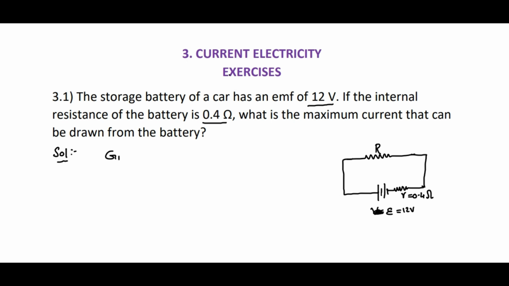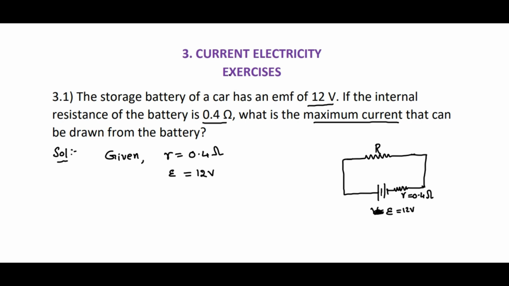So the given values here: internal resistance 0.4 ohm, EMF of the battery 12 volt. That is the data given to us. What we need to find out is the maximum current that can be drawn from the battery.